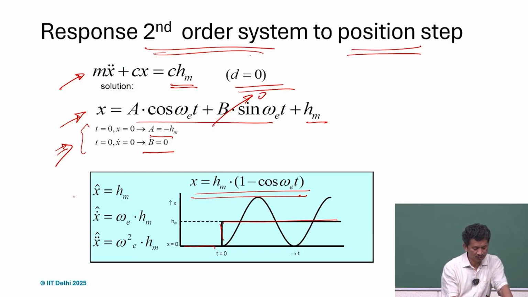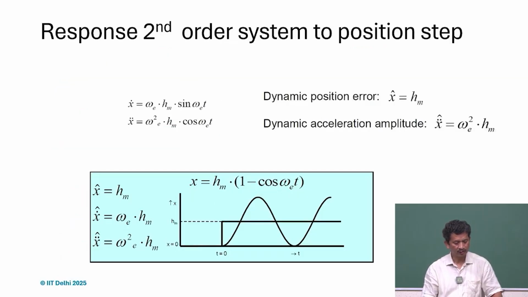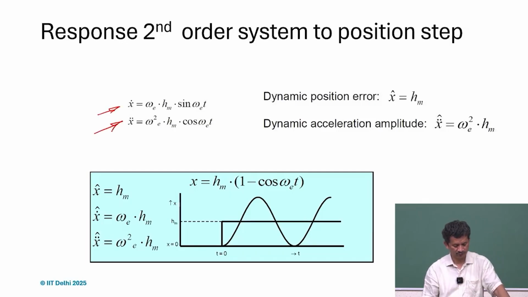So this is the amplitude for the displacement, hm. For the velocity it is omega times hm, and for acceleration it is omega square hm. So that is the amplitude, and when we look at it, this is how the system will behave.